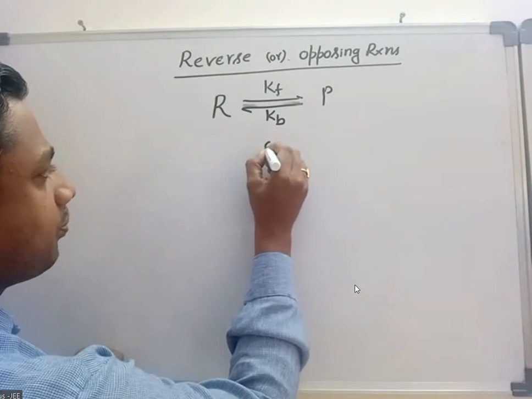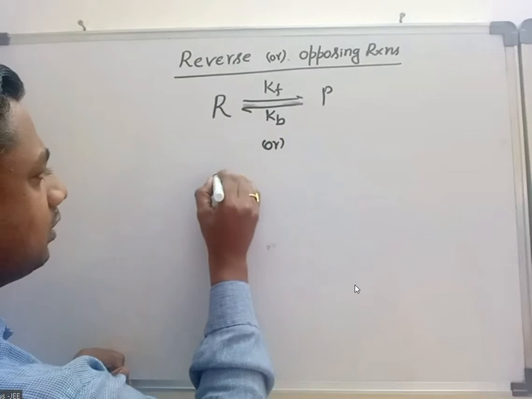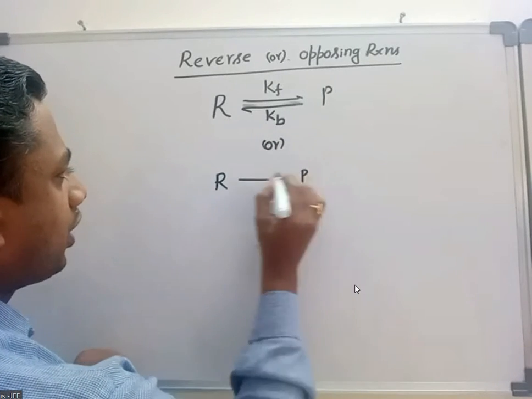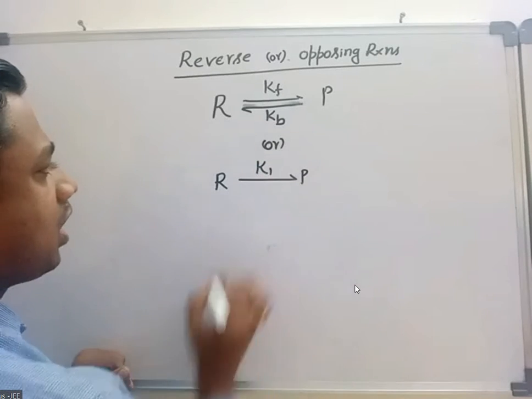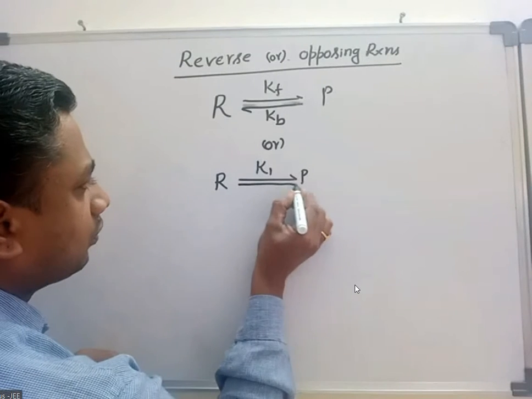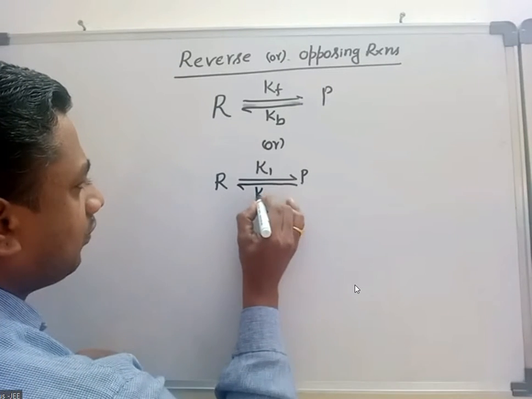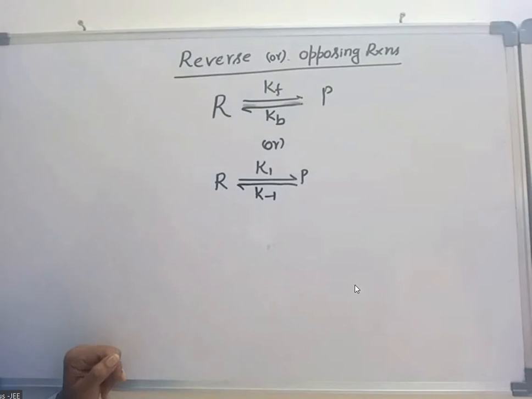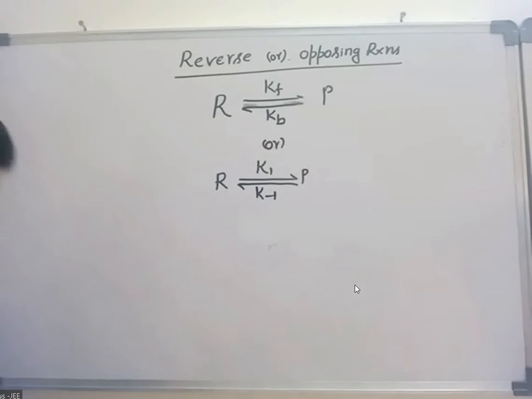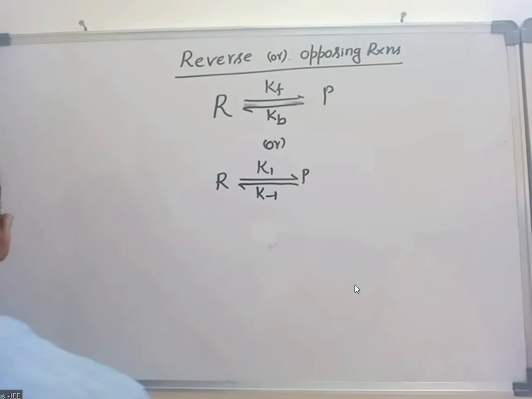It can also be represented as reactants converted into products with the rate constant K1, and products converted into reactants with the rate constant K minus 1. Note down the rate constant K minus 1.